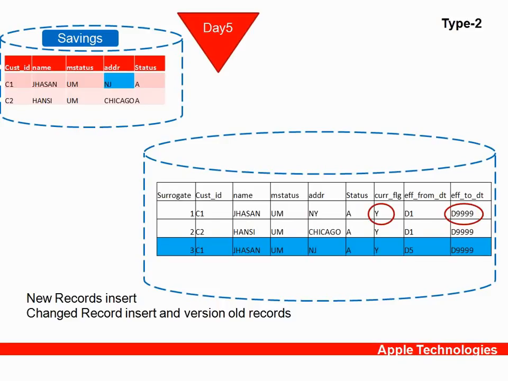I cannot give the same customer number or account number to different people in a bank. Generally those are supposed to be primary keys, but because of the repetitive nature, since the same information is repeated, I'm not in a position to use customer ID as a primary key.